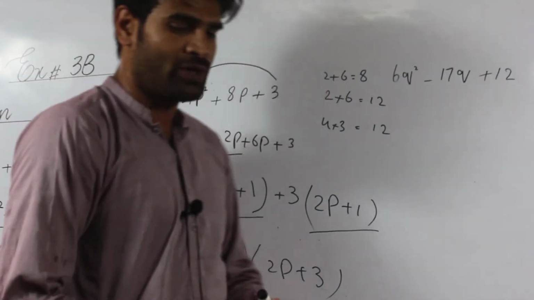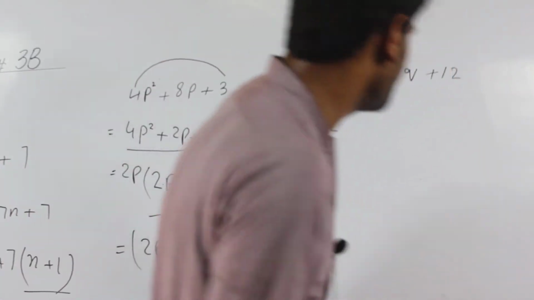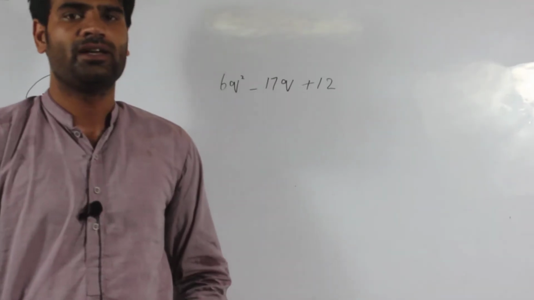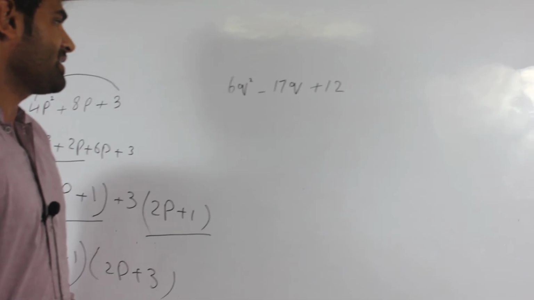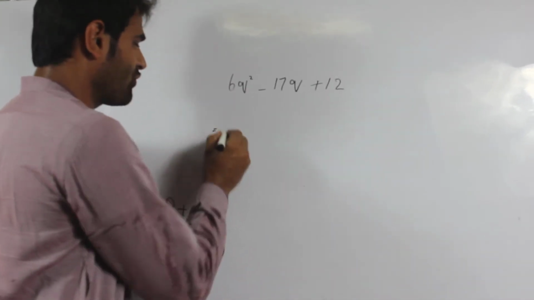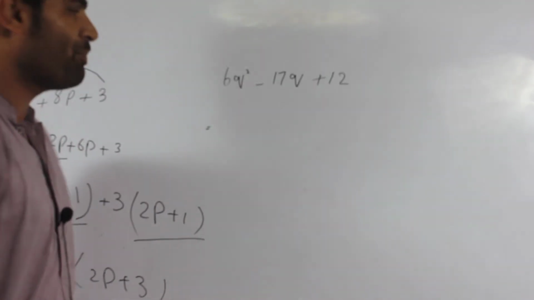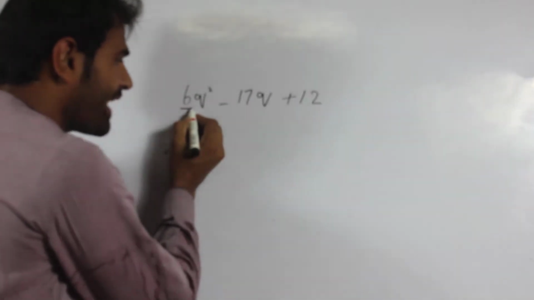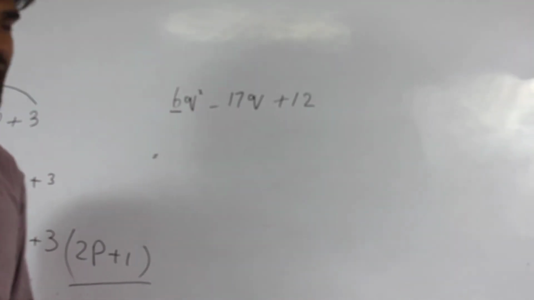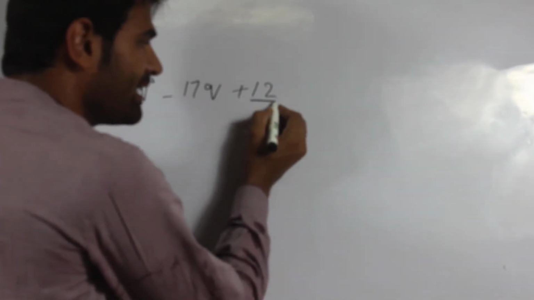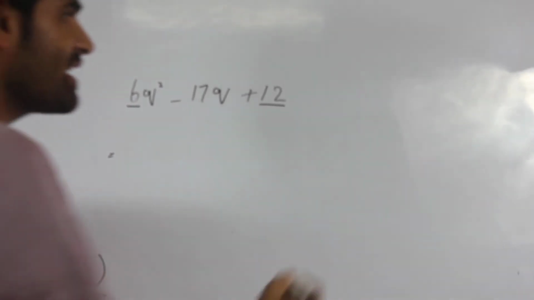So let us look at another example of these factors. Another part of the same question, as we performed last. The method is, try to understand, we take the coefficient of the highest power and multiply it with the constant, that is 12 sixes are 72.